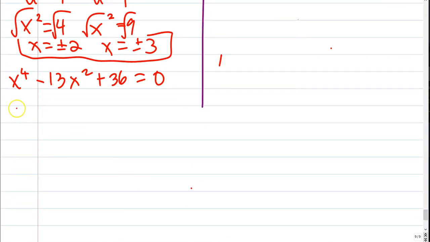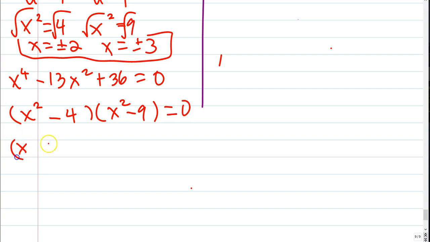Okay, I can just treat it like it's quadratic and say what multiplies to make x to the fourth, what multiplies to make 36. Then I could take each of these groups and set them equal to 0, or I could factor it further.